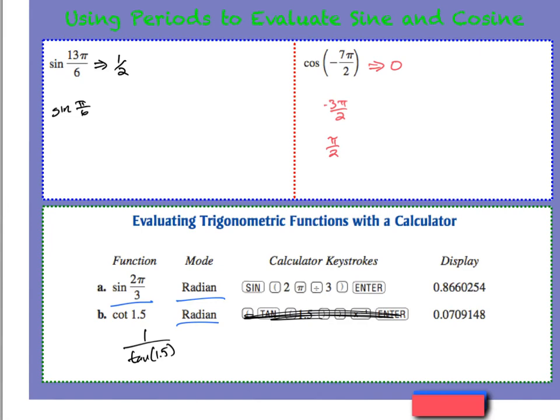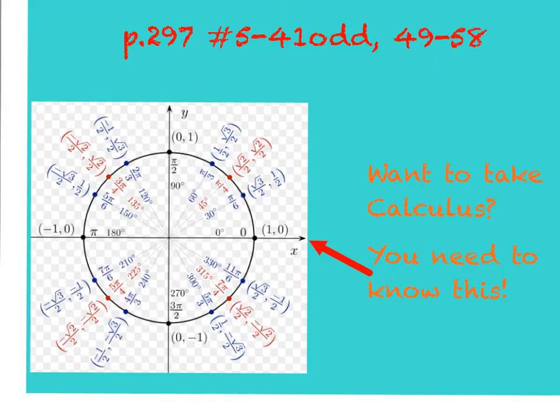For instance, if I had to do cosecant, cosecant would be what? 1 over sine, right? So just make sure you can use your calculator. Make sure you get the right responses. All right, the calculus teacher told me that this unit circle is important.